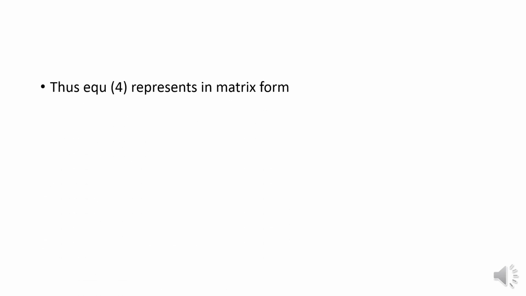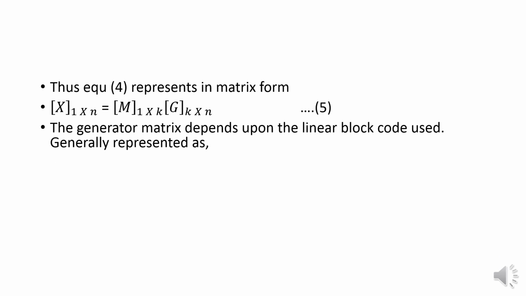Equation 4 can be represented in matrix form: x of size 1 cross n equals m of size 1 cross k times G of size k cross n. The generator matrix depends upon the linear block code used.